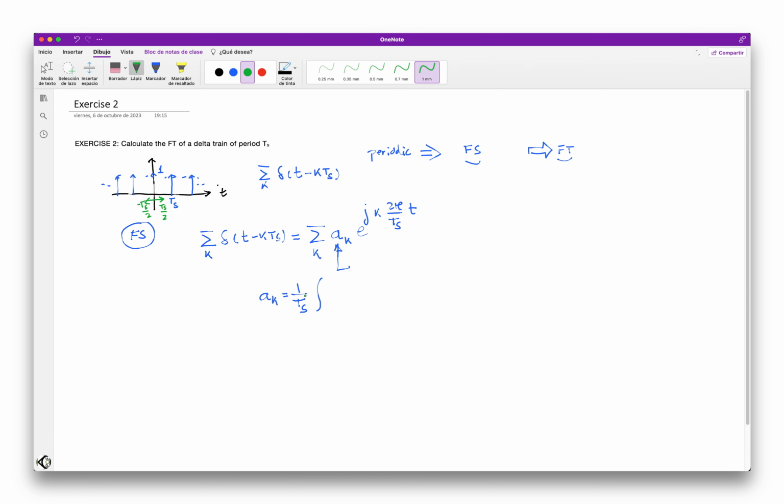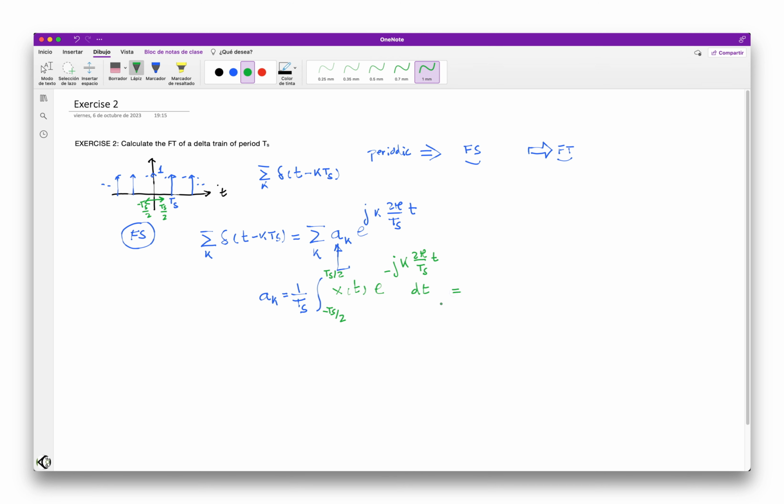So the limits of the integral go from minus t s over 2 to t s over 2, and we put the signal x of t times the exponential of minus j k 2 pi divided by t s times t, and we integrate in t.